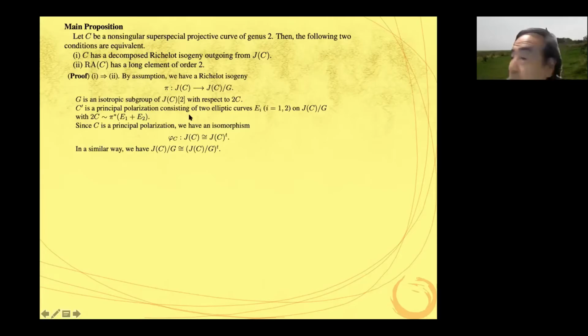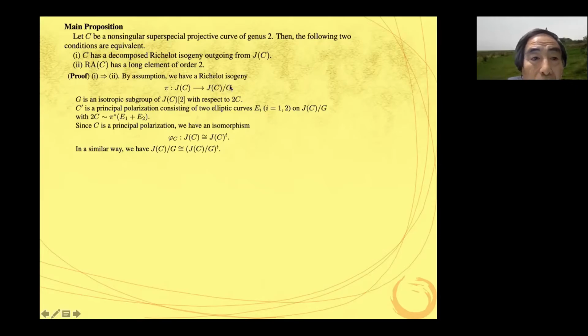Anyway, roughly I will explain the proof. First we have a Richelieu isogeny, and G is an isotropic subgroup with respect to the 2 times C polarization. And then C dash is a principal polarization of 2 elliptic curves, decomposed.